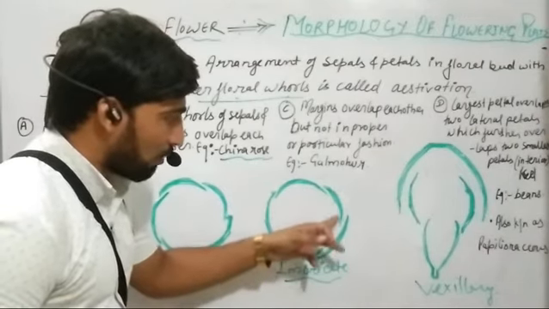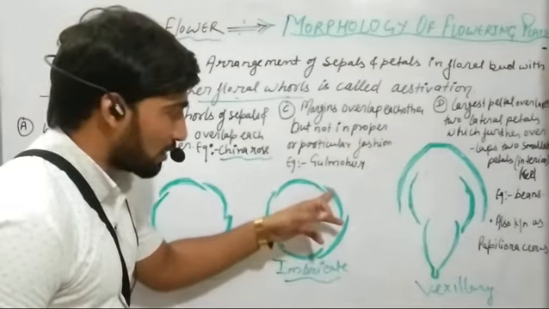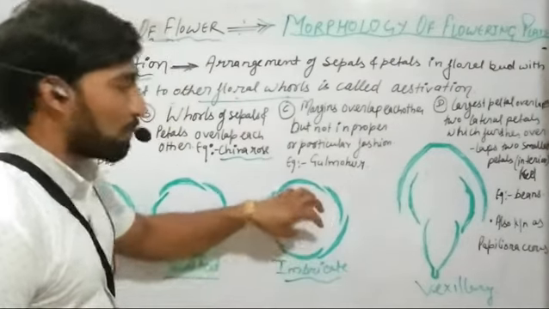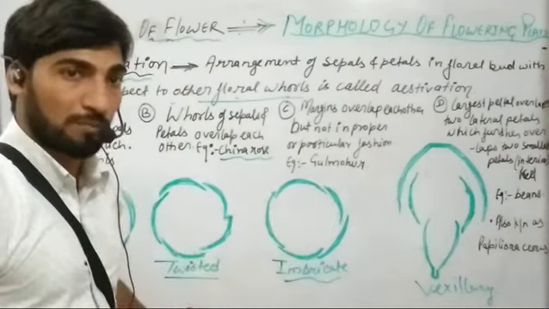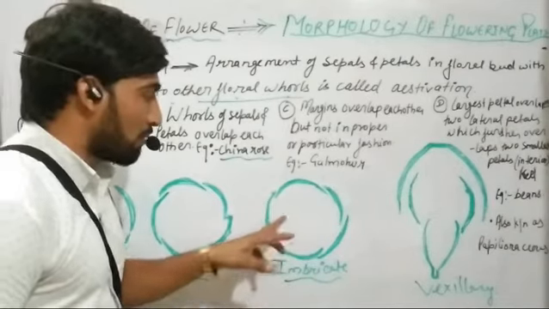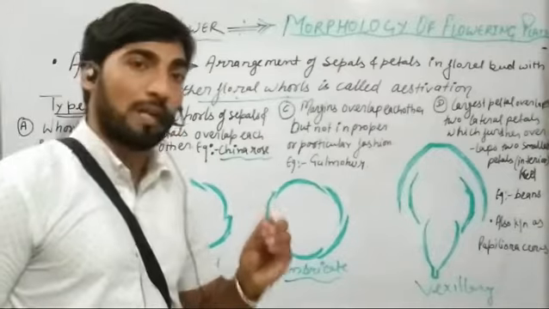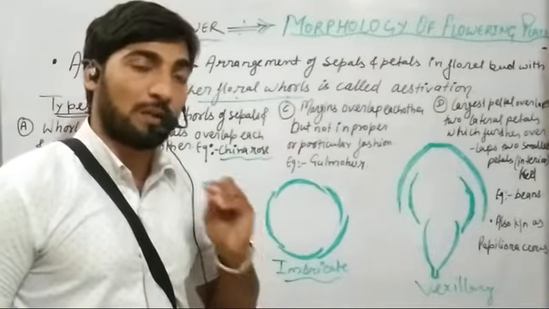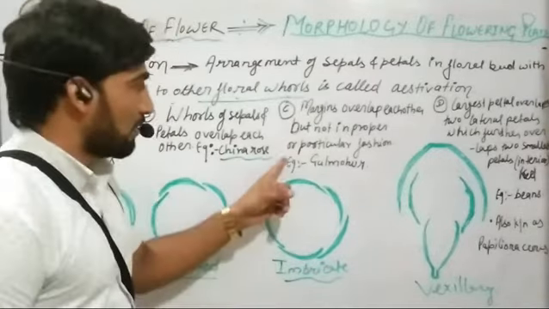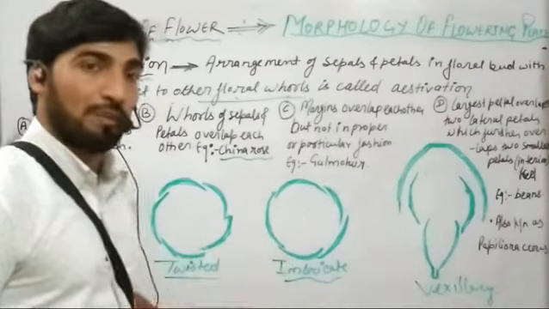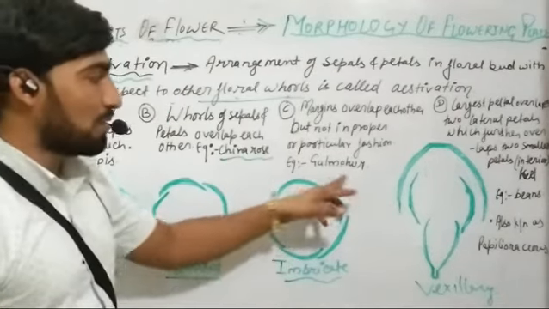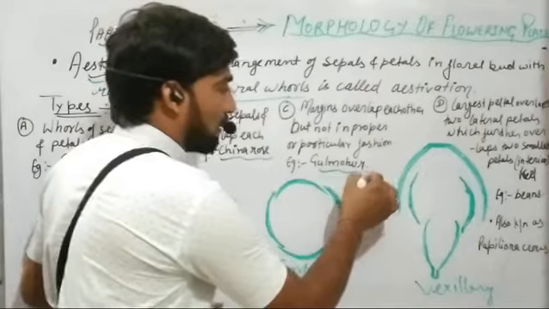This one is overlapped from this end only, and it is overlapping here. So it is not present in a particular fashion. Such estivation is known as imbricate estivation, and the example is gulmohar plant.